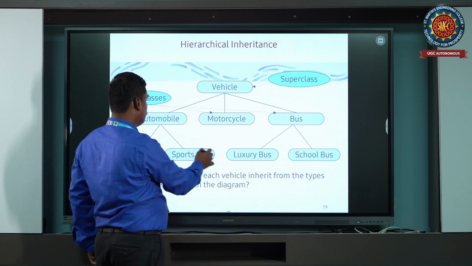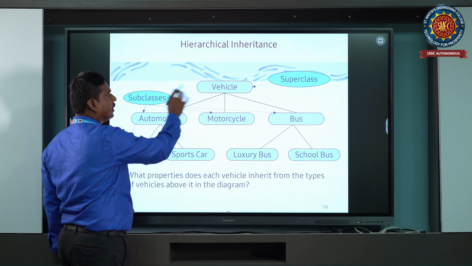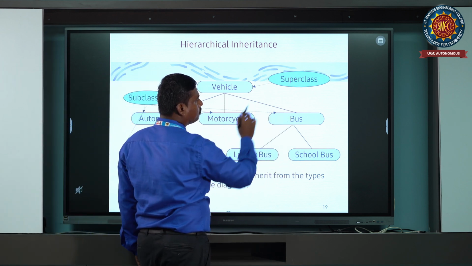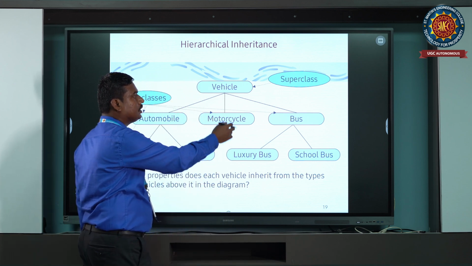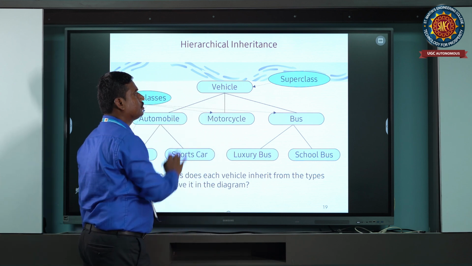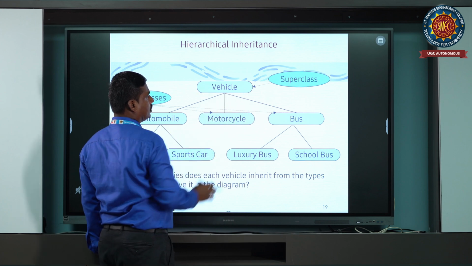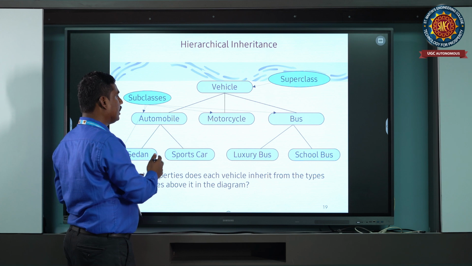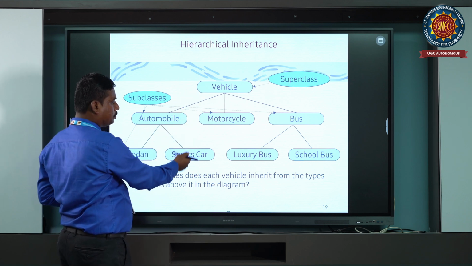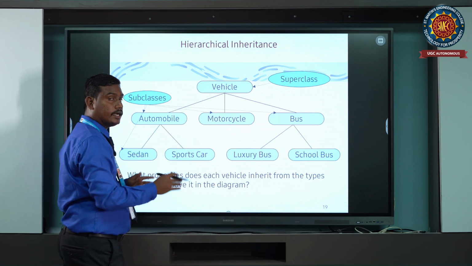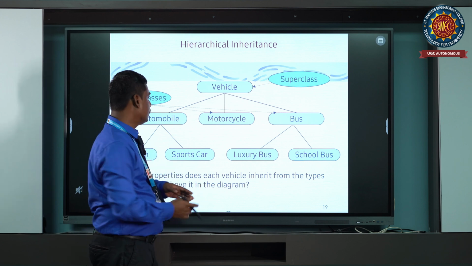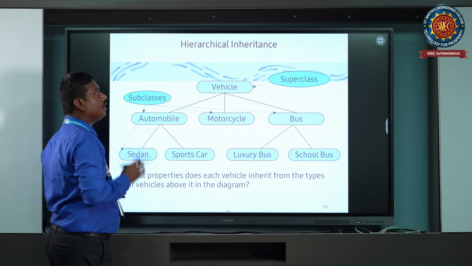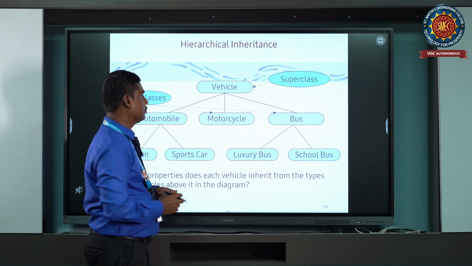Motorcycle doesn't have that, but sports car has automobile and vehicle. Luxury buses and school buses also have the bus properties, bus data and corresponding function attributes. We can access the vehicle also. We can access the different levels. When we need sports car oriented data and attributes, we are accessing that, and also automobile. That comes to hierarchical inheritance.